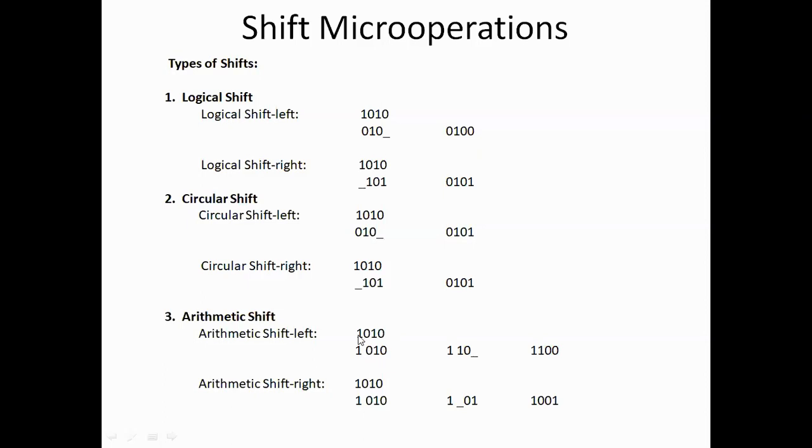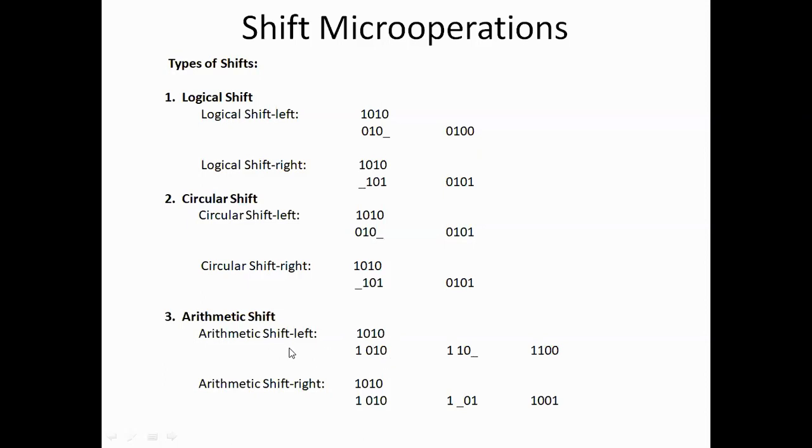So let me separate them. This 1 is the sign bit, implying that this number is a negative number. And what is the magnitude? It is 0 1 0, and this is decimal 2. So this number is actually minus 2 in signed magnitude representation.